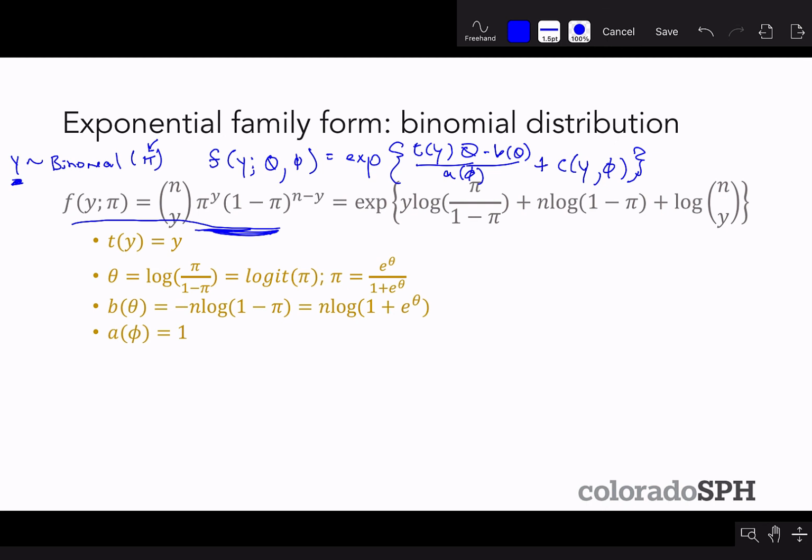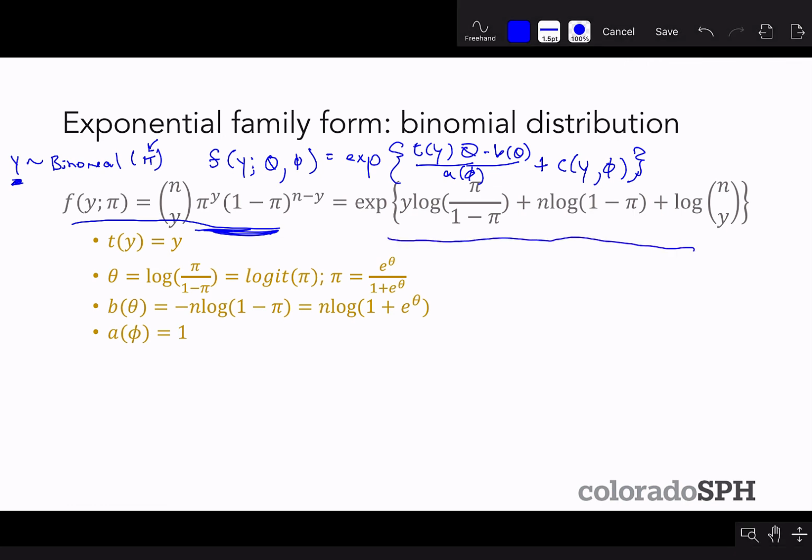So if you want to take the binomial distribution, I've said that it's an exponential family distribution, and I just want to show you what it looks like if you put it in that form. I really encourage you to go through the steps of this derivation yourself. I'm not going to do it right now, but I can in class if anybody would like me to. You exponentiate it and take the log like you would, and what you end up with is this distribution here.